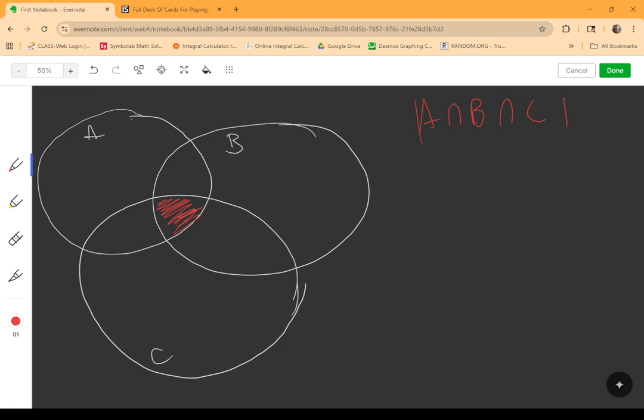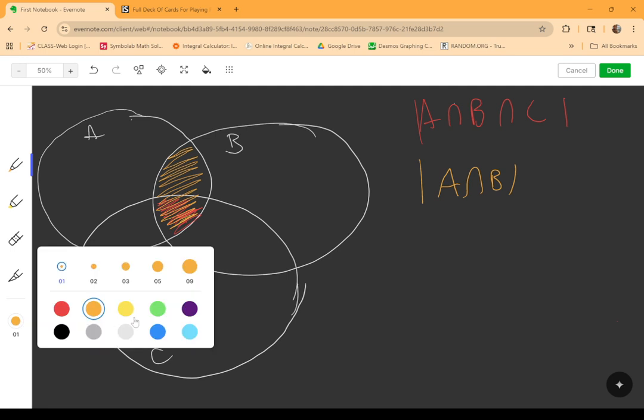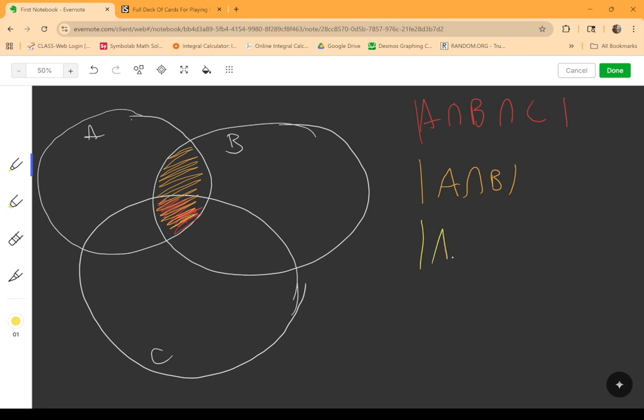All right, and now let's take a look at the pairwise intersections, so A intersection B would be up here. And then moving along, we have A intersection C, that would be down here.